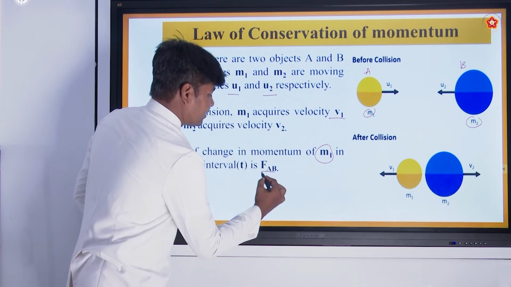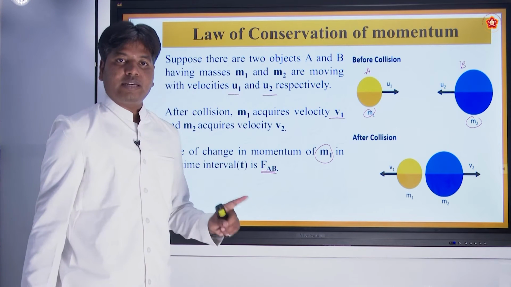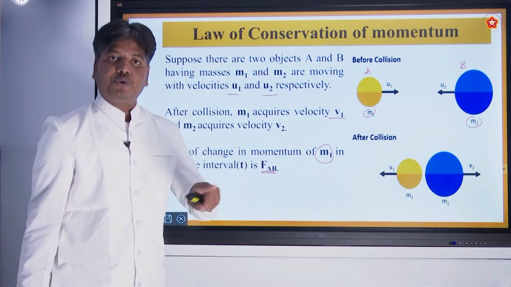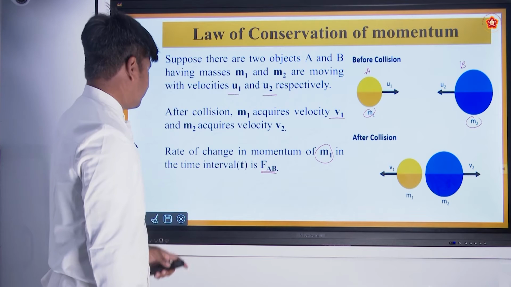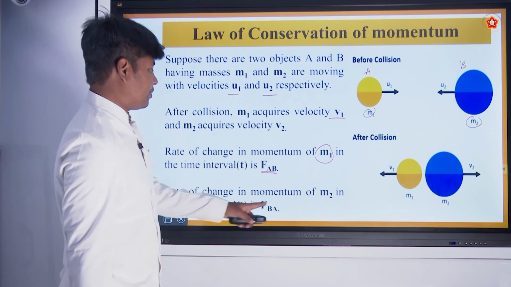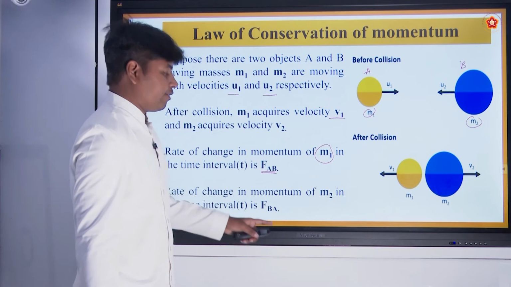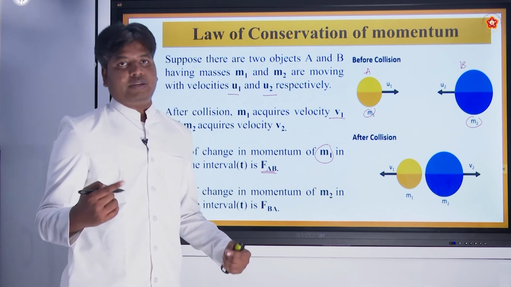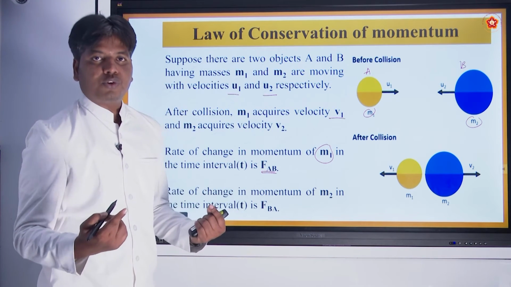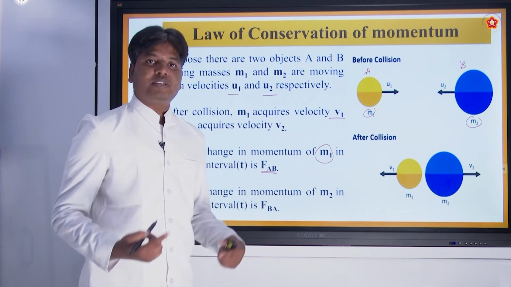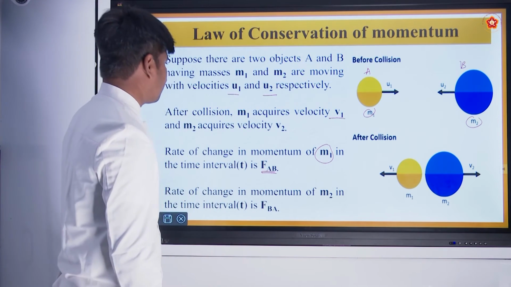What is this notation? This notation FAB tells you force on A due to B. And the rate of change in momentum of m2 in the time interval t is force on B due to A. So according to Newton's third law, you know that these two are equal but opposite in direction. So let us go ahead and solve.